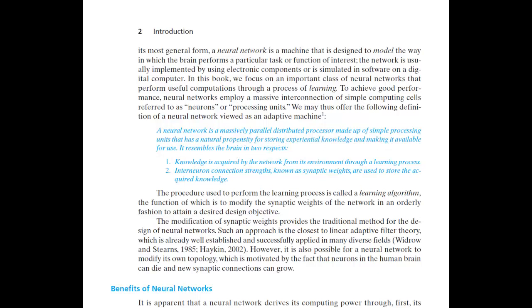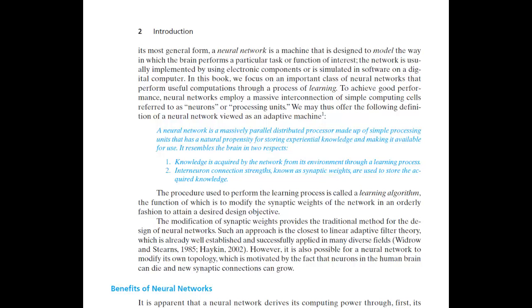So from an engineering point of view, we are trying to make an artificial machine which is capable of performing brain-like tasks. So first, what does the brain do? First, the brain understands, records the information, and when it is required, it also processes it. So a similar type of work we need a machine to do.